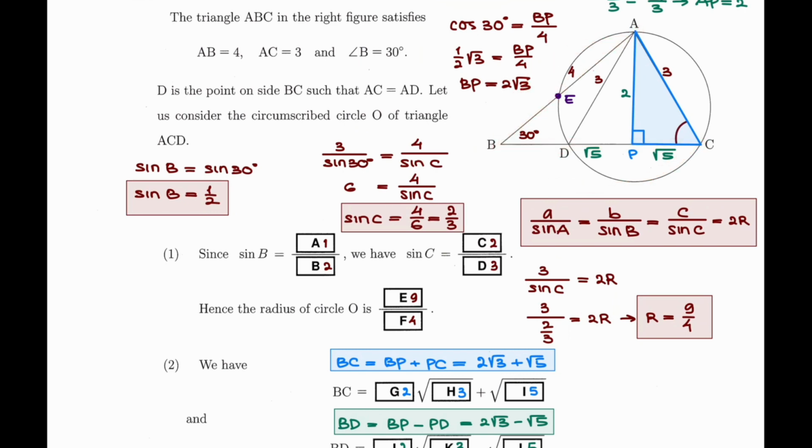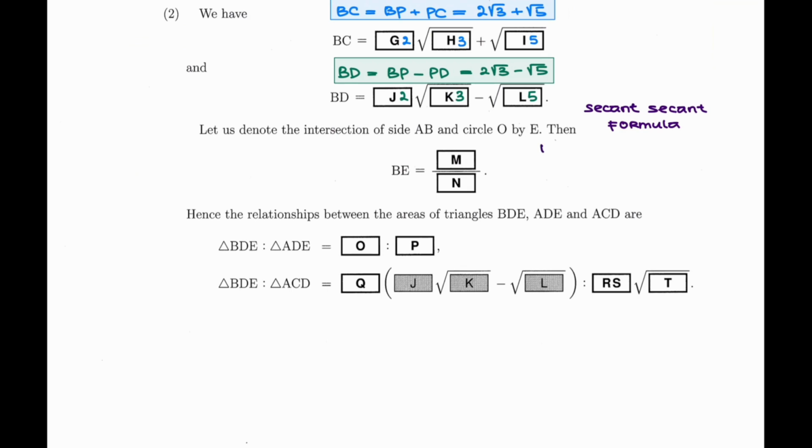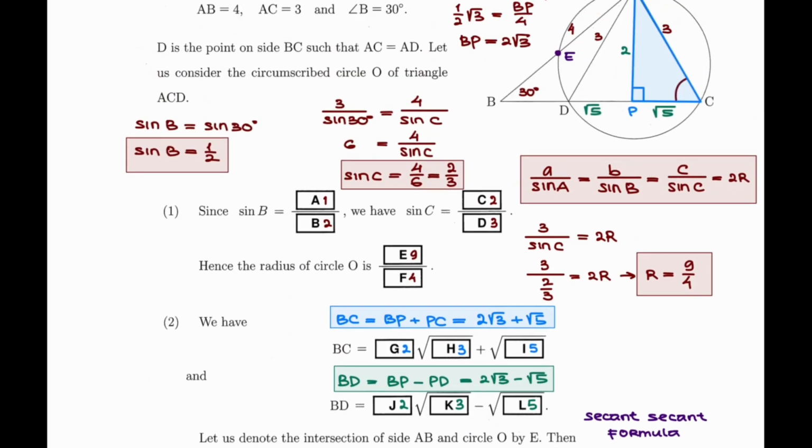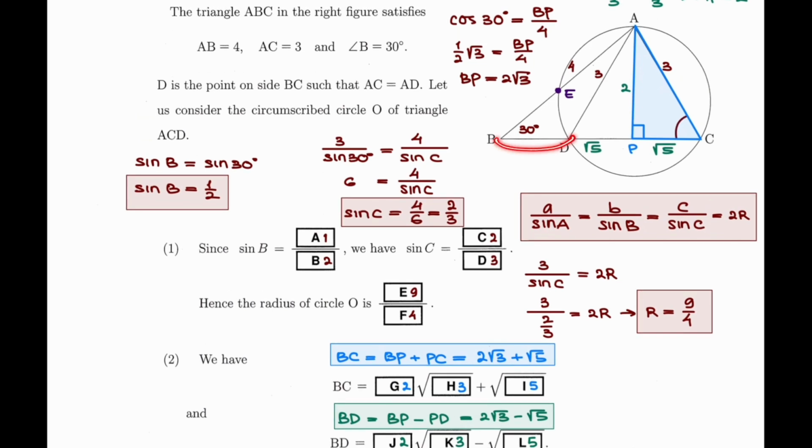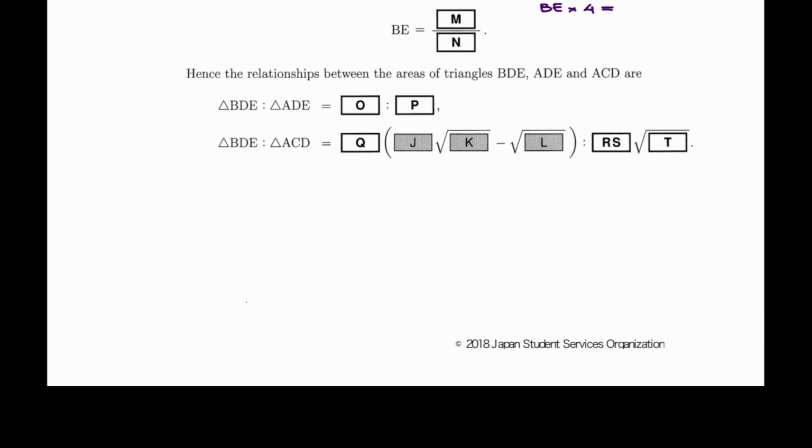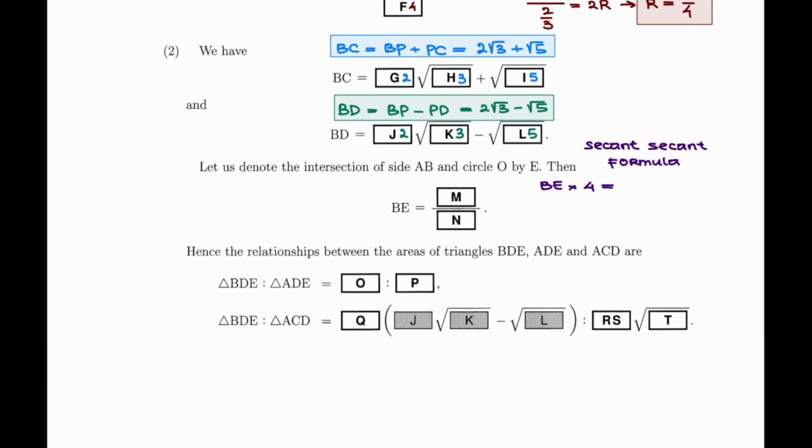So if I want to know BE, by using the secant formula, I can say that BE times 4 is equals to BD times BC.